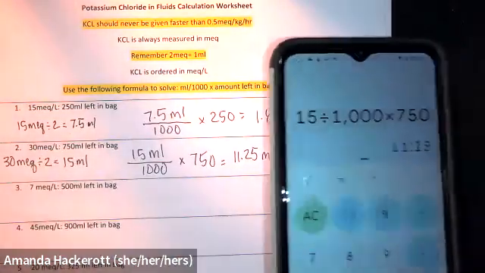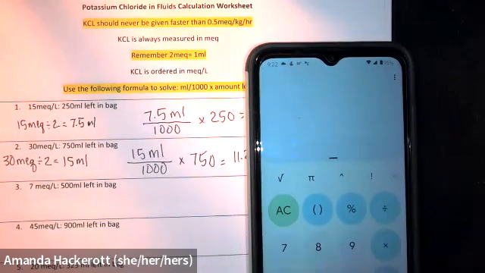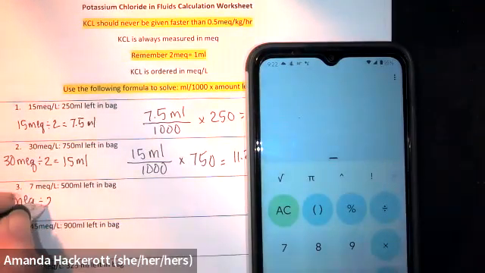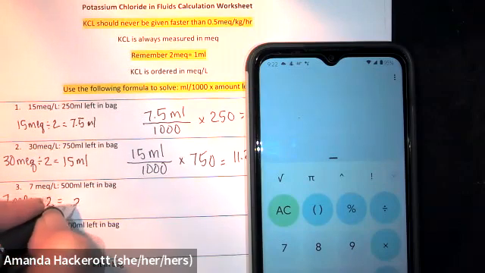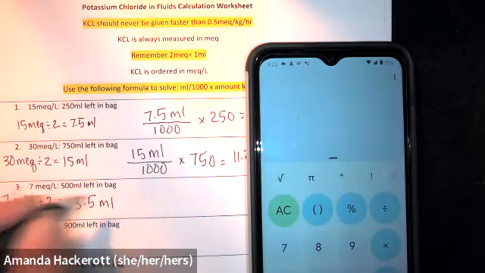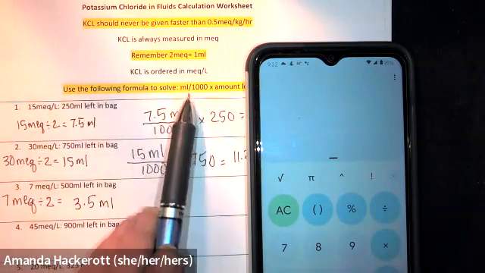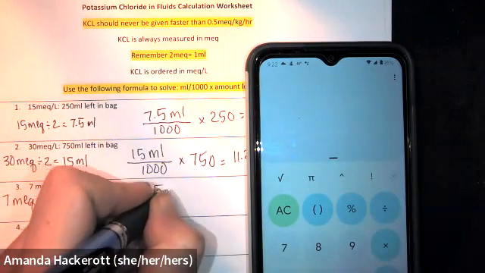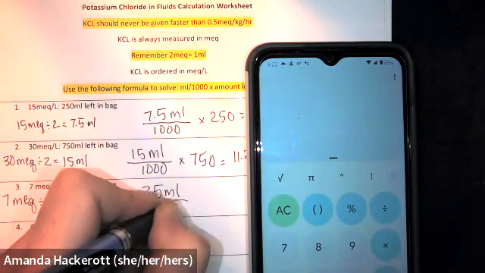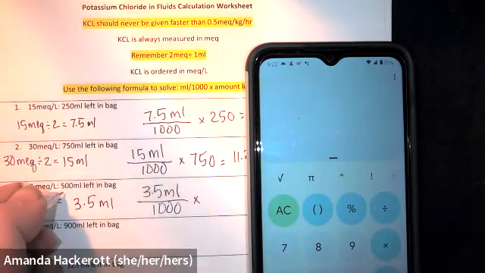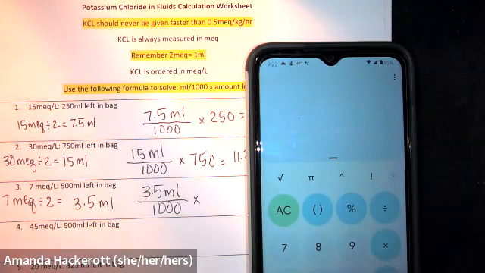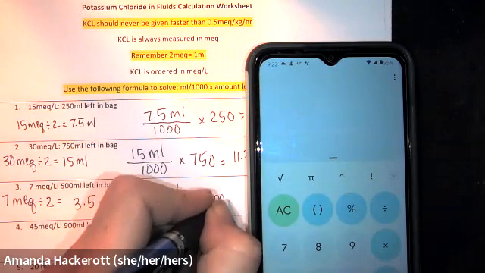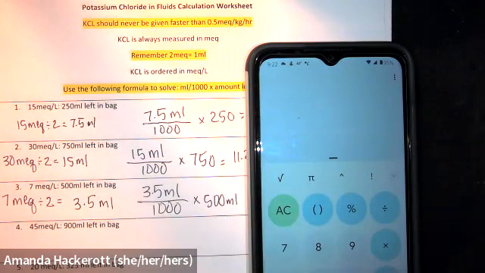Okay, let's do number 3. 7 MEQ divided by 2 is 3.5 ml. Set that up in our formula up here. So 3.5 ml divided by 1,000 times by what's left in the bag, in this case 500 mLs, and type that in.